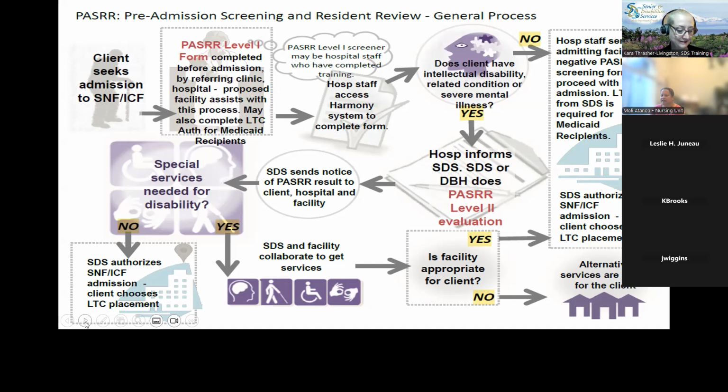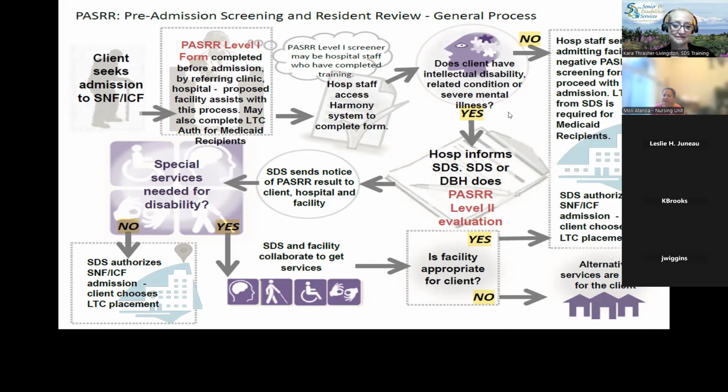In the system, an inquiry will be the way to submit these forms to SDS. The screening will be completed where you will walk through somewhat of a decision tree that gets you to a determination on the Level 1 screening. So the screening will either screen no or negative. And if it is a negative screening, the hospital may proceed with admission to the long-term care facility.